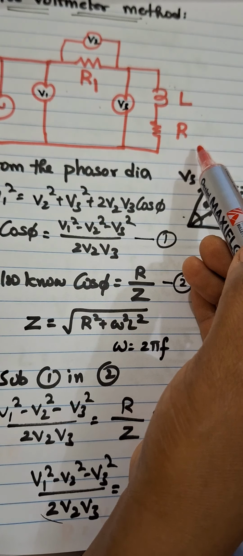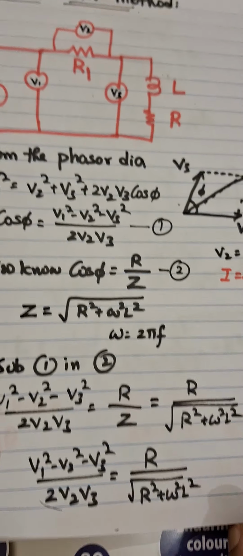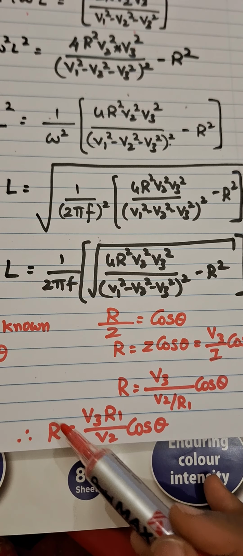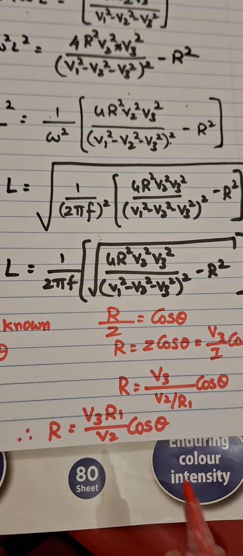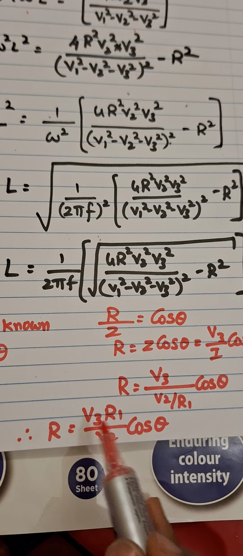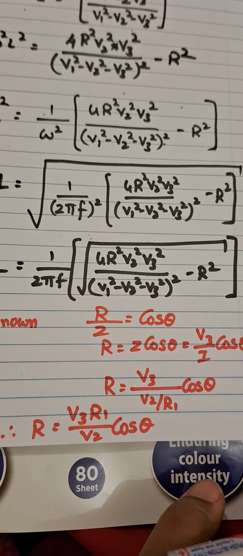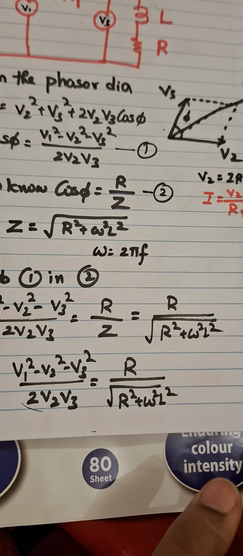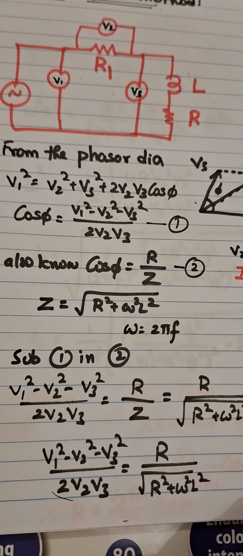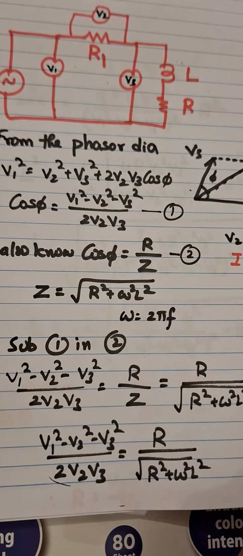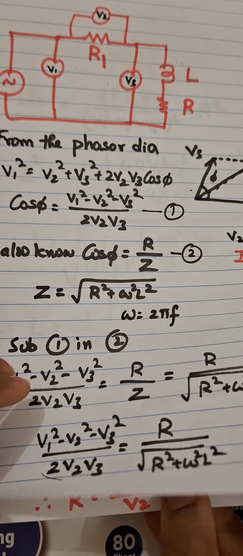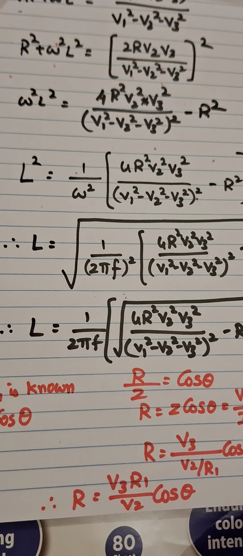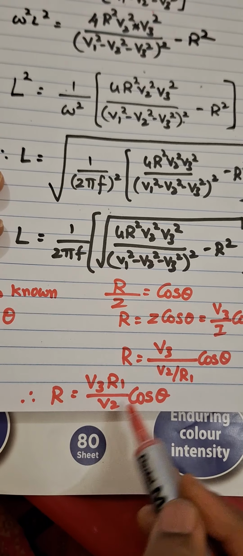If you find L and R, it means all the element values are found. That's why I brought the equation for R also. So now you know L and you know R. This is what is called the three voltmeter method to find the value of an inductor, and in the same way the resistor in the circuit.